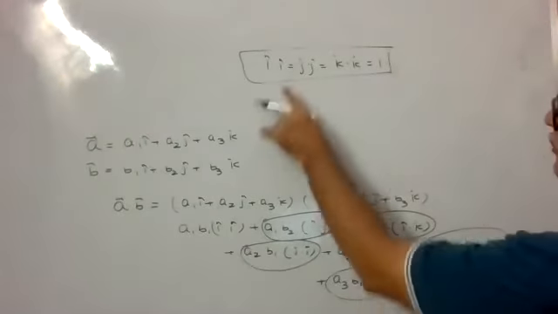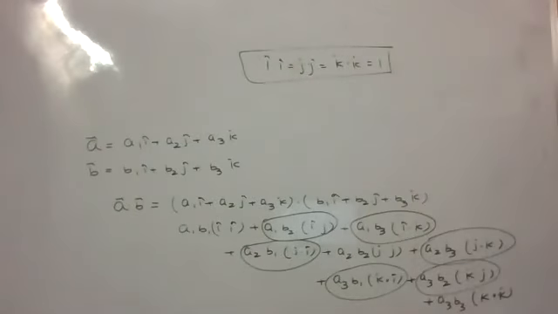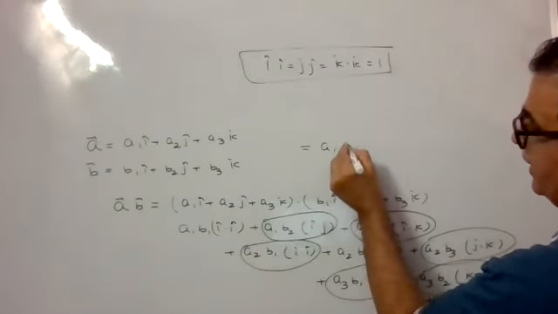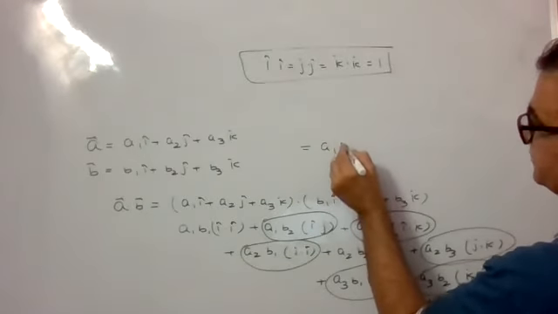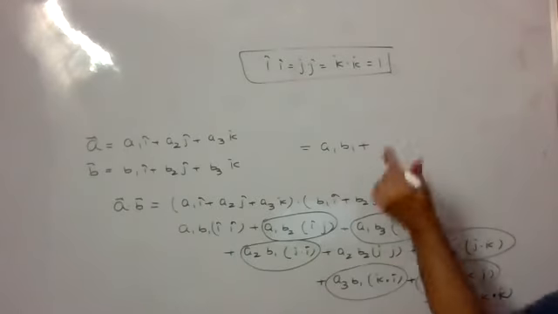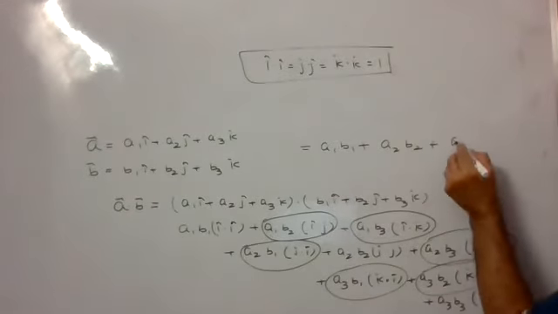And i dot i we have already done, it is 1, j dot j is 1 and k dot k is 1. So what result will be left here? It will be left as A1 B1, sorry, plus, this will be j dot j 1, so it will be A2 B2. And third is A3 B3.